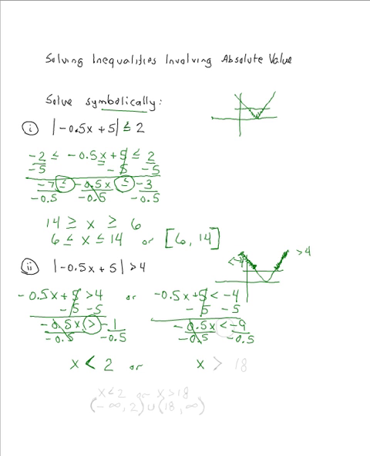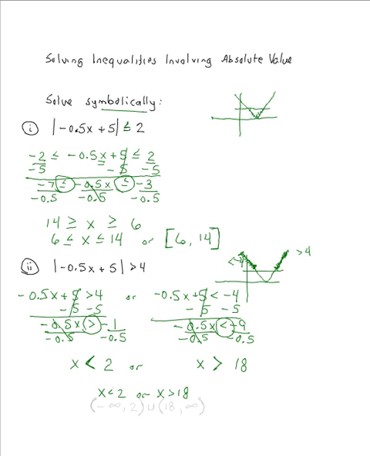Negative 9 divided by negative 0.5 is a positive 18. All my signs changed from negative to positive, and so our inequality symbol will also change. We have all values where x is to the left of 2, x is less than 2, or x is to the right of 18. X is greater than 18.